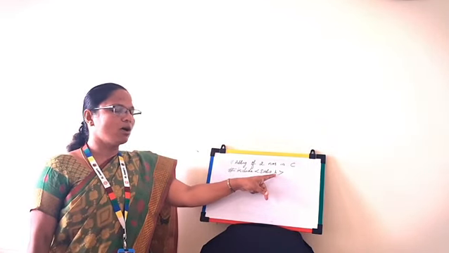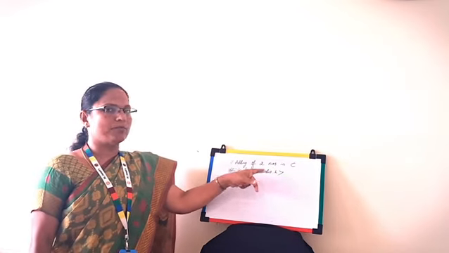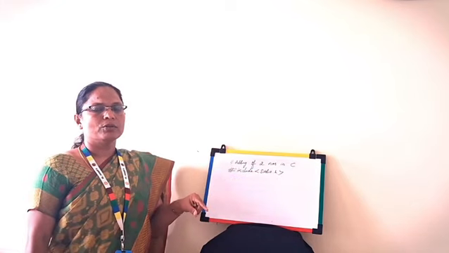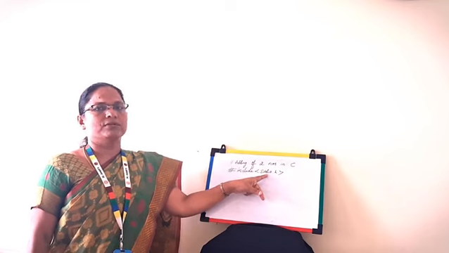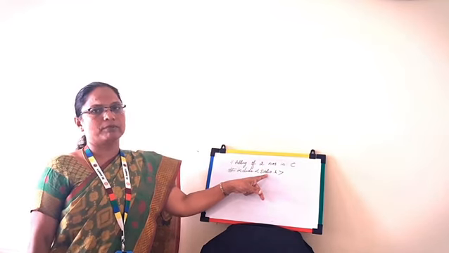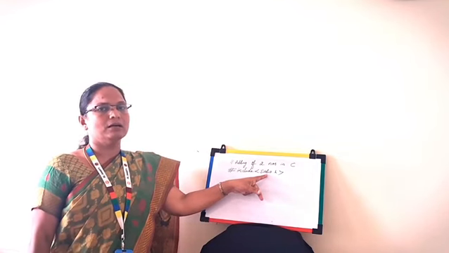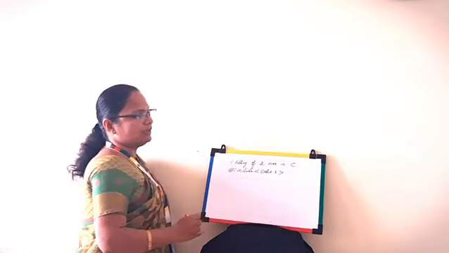A header file always ends with .h. So stdio means standard input output header file. What standard input output are we going to use? scanf is for taking an input from the keyboard, and printf is used for printing the output for the user to see. So #include we give here.